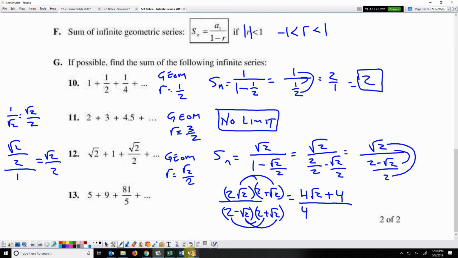I drew one of those incorrectly, so let's try that again. How about this? 2 root 2 and minus 2 root 2, and those cancel. Then I've got negative root 2 times positive root 2, which is minus 2. So I've got 4 root 2 plus 4 over 2. And all three terms are divisible by 2, so I've got 2 root 2 plus 2.